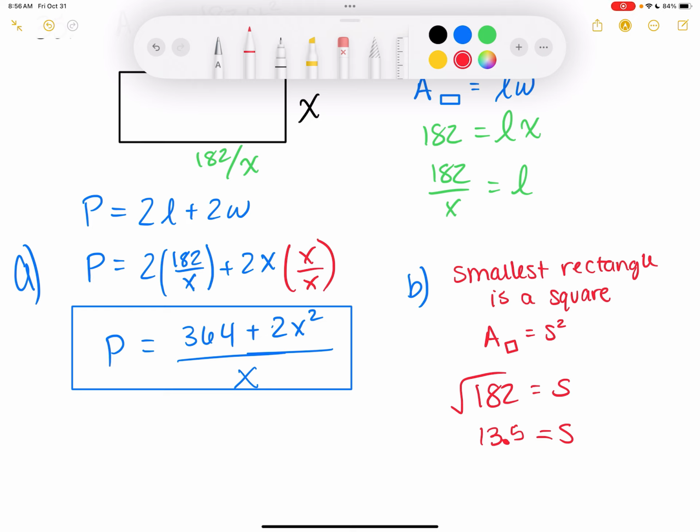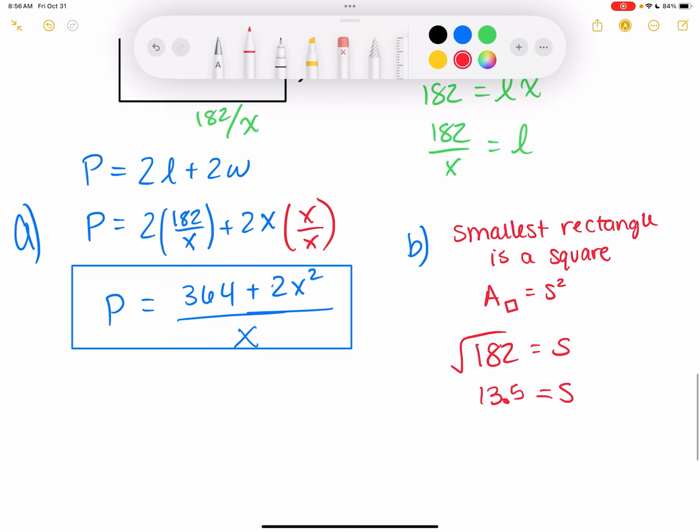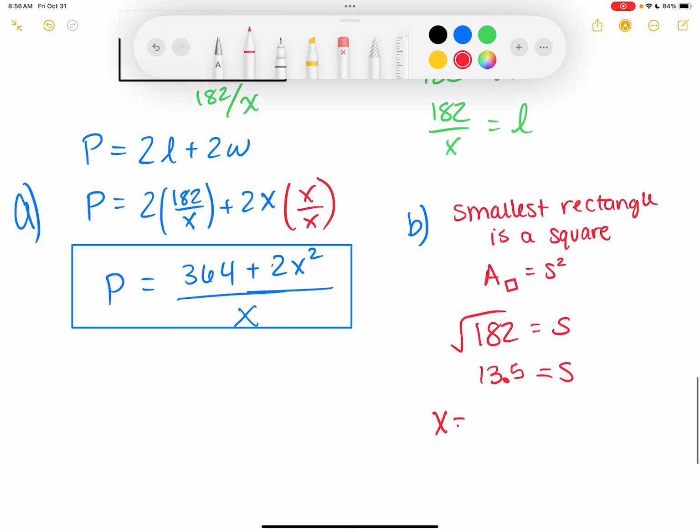So now we know that x is equal to 13.5. And then we divide 182 by 13.5. So my width has to be that. My length also has to be 13.5 because it was a square.